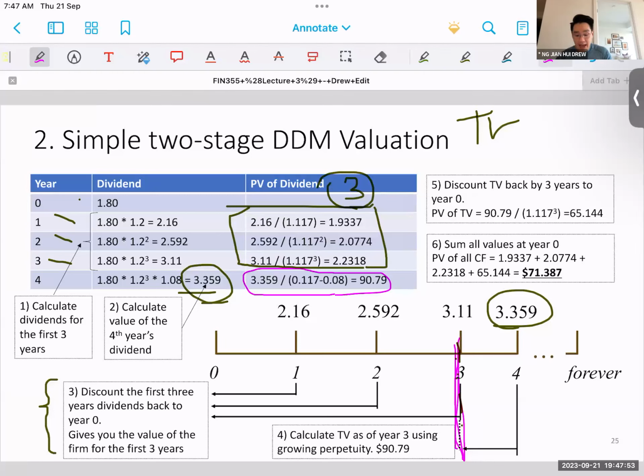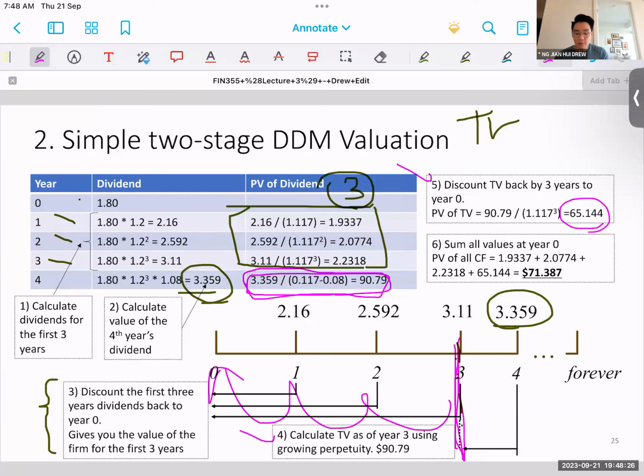And then, given that we have calculated the TV, the terminal value, at year 3, we have to discount it back by 3 years. So that's where step 5 comes in. We have to discount back. We have done the growing perpetuity here in step 4, given by this. Then we discount it by 3 years back, 1, 2, 3, to year 0. And that's where we got this.